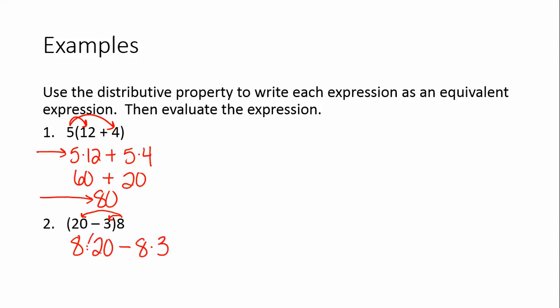And you can use parentheses if you'd like, or you can use the dot for multiplication. 8 times 20 is 160, minus 8 times 3 is 24. So 160 minus 24 is 136. So again, I'm looking for this step. That's the equivalent expression, and I'm looking for that step.